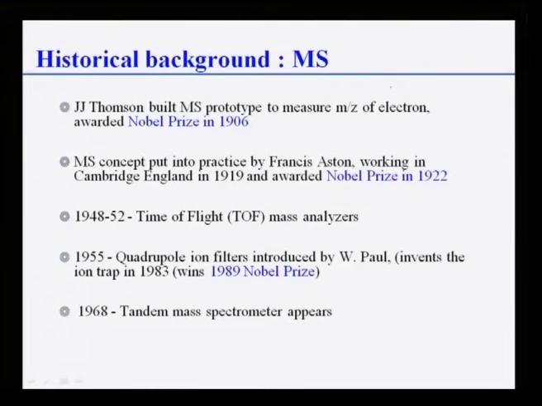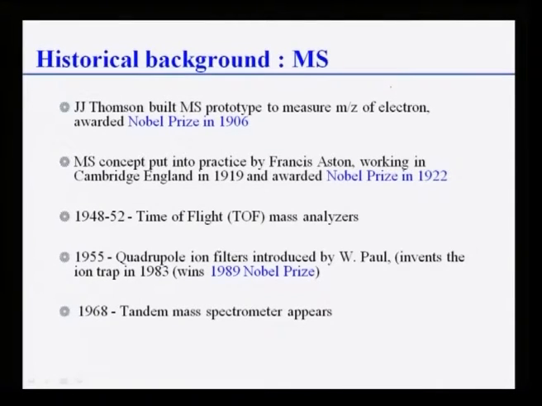As you know, it all started about 110 years back with Sir J.J. Thomson, who first built the prototype of mass spectroscopy to measure the m by z, the mass by charge, of any species. And as you know, he was awarded the Nobel Prize in 1906 for his discovery and for many other things.